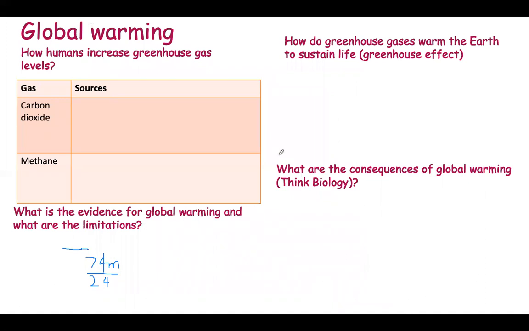So your task for today, the first thing is just to do a summary of what you've learned about global warming and climate change. This is the sources, what humans do to create these sources, the evidence for global warming and limitations. How does the greenhouse effect work?